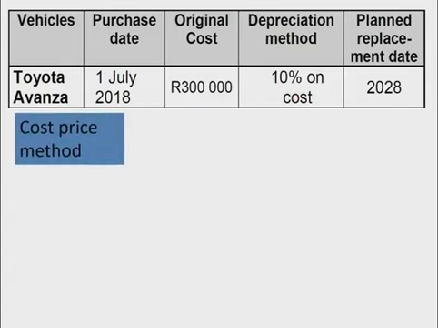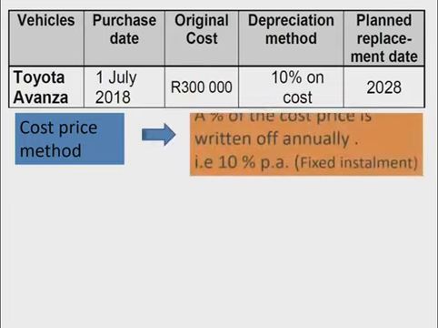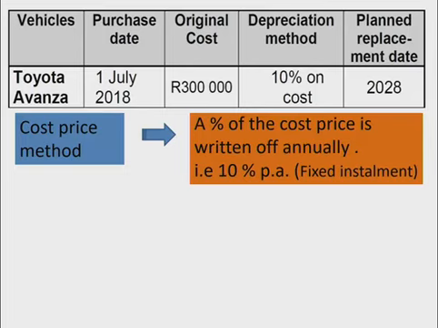The cost price method means that a certain percentage of the cost price will be written off every year. It says a percentage of the cost price is written off annually. And in this case, it's 10%, which means 10% every year. So it's a fixed amount. It's also called the fixed installment method. So it's 10% every year.